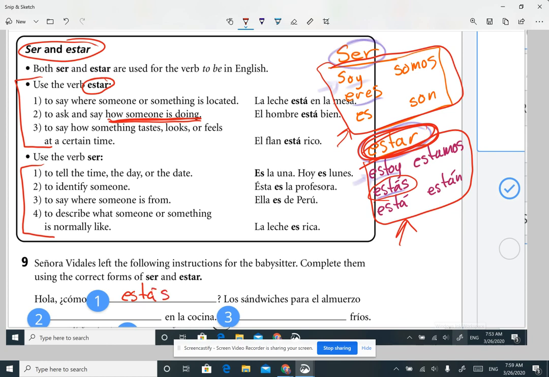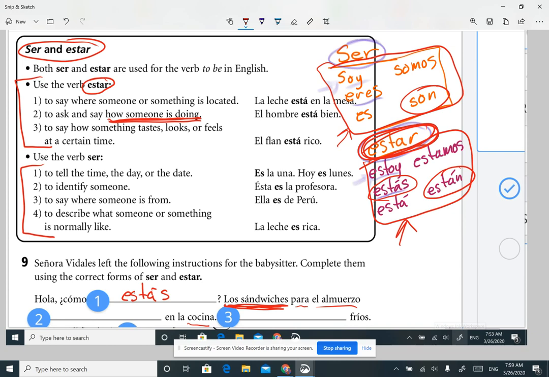And then it says the sandwiches for lunch blank in the cocina, in the kitchen. So the sandwiches for lunch are in the kitchen. So when we say are, when they are, sandwiches are more than one. So we need a they are form. So they are is going to be either están or it's going to be son.